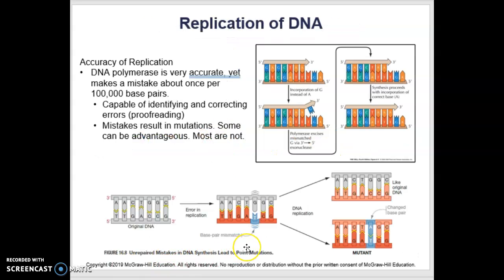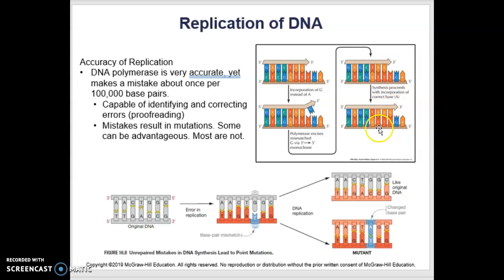Okay, so replication of DNA is really, really accurate, but it still makes a mistake about once per 100,000 base pairs. It's capable of identifying and correcting the errors by proofreading, so it can say, oh, there's a mistake right there. G does not go with T. And so it'll cut it out and fix it.